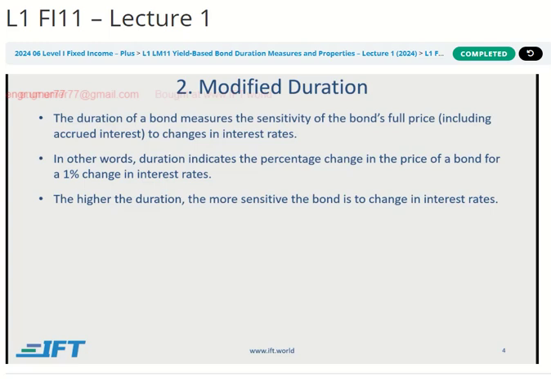Starting with the first one, which is your mod D. So modified duration, we call it mod D. And what we looked at in the previous learning module is your Macaulay duration. Let's call it MacD. So MacD, which was in years, right, is used to calculate the mod D. And mod D is in percentage terms, right?